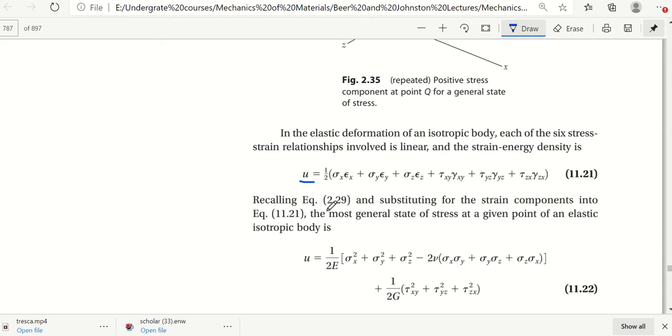So recalling equation 2.29 and substituting for the strain components into equation 11.21, the most general state of stress at a given point of an elastotropic body.